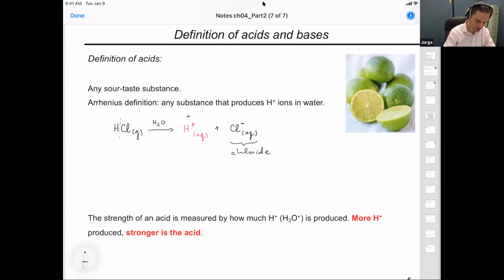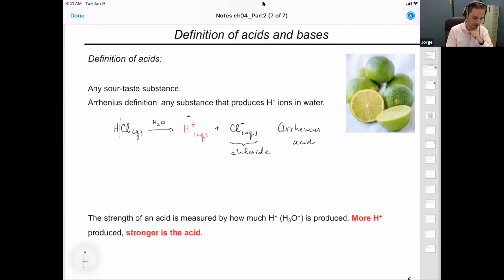So that's exactly the definition of an Arrhenius acid: any compound that, when dissolved in water, will produce H+ ions.